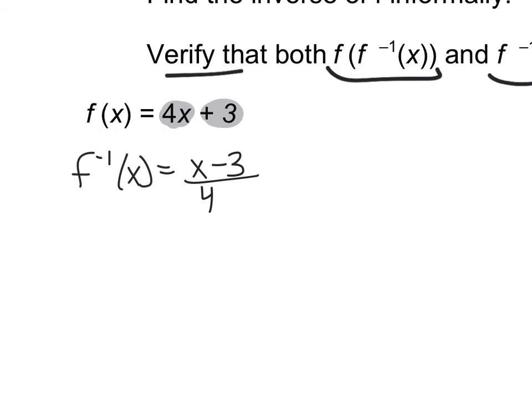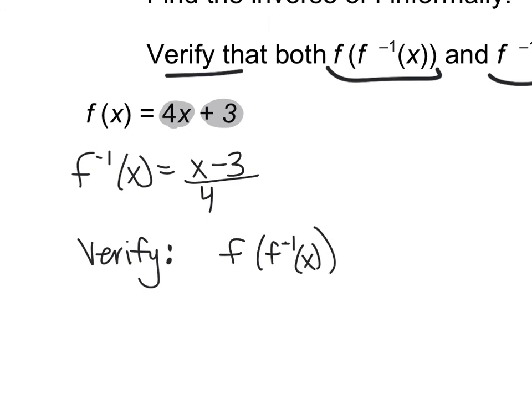So we need to then do our compositions to check. So our verify looks like this. We would do f of the inverse of x. So we would do f of the inverse we said was x minus 3 divided by 4.